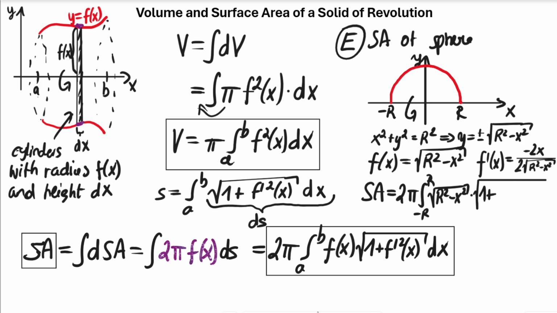As you see here, we can cancel the 2 already to make it a bit simpler. You have to square the derivative, minus squared is plus, so x squared divided by, without the root as you square it, dx.